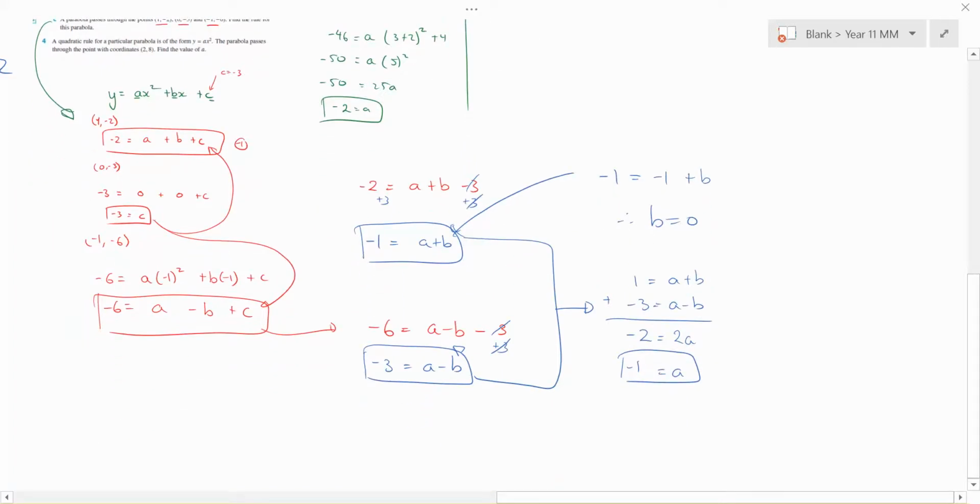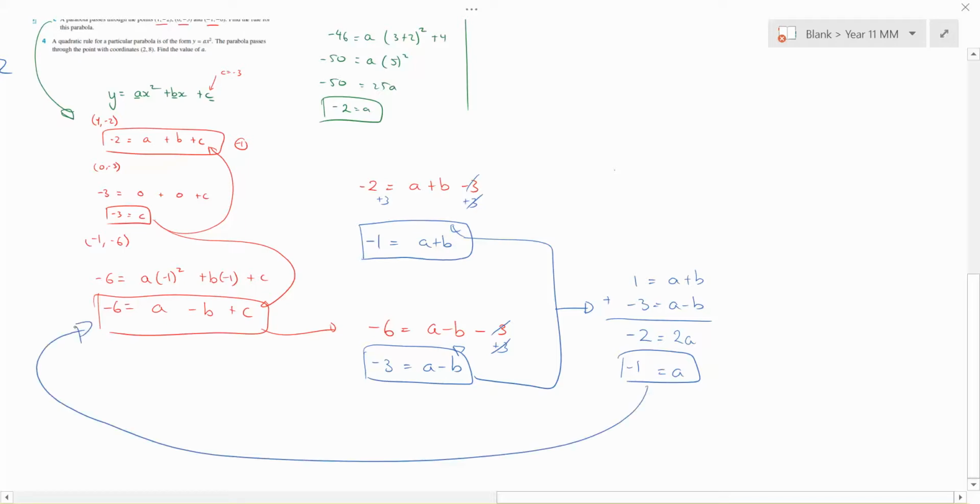A is negative 1, c is negative 3. Yep, I did do something wrong. Sorry, I shouldn't substitute a equals negative 1 into these, because I used these to get the answer. You've got to sub it back into the original equation. Okay, no, actually. Wait. Negative 1, negative 4.